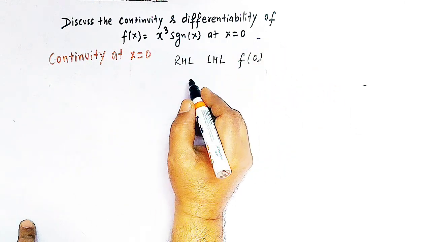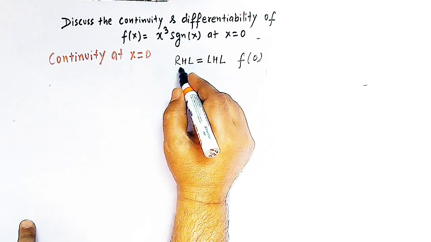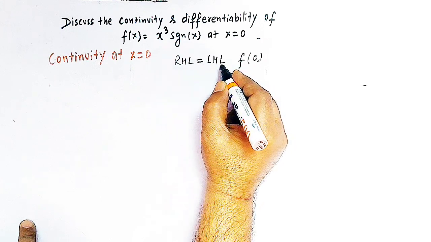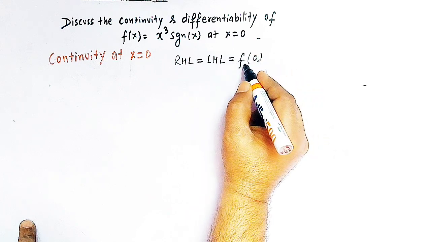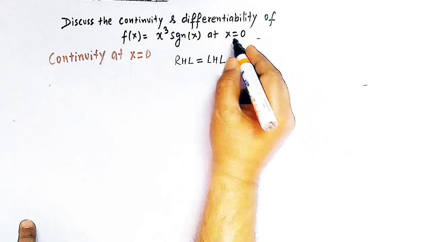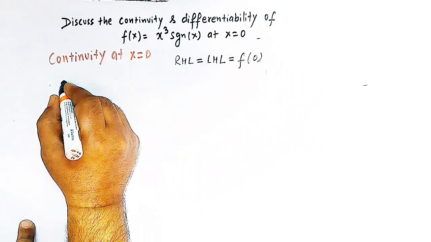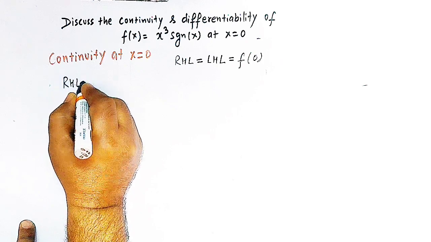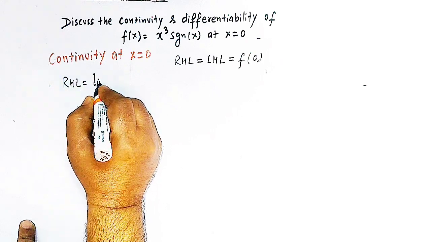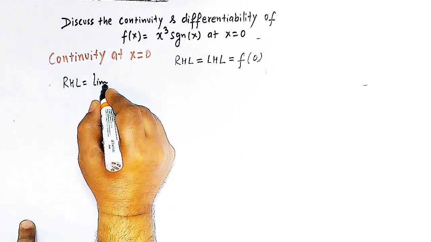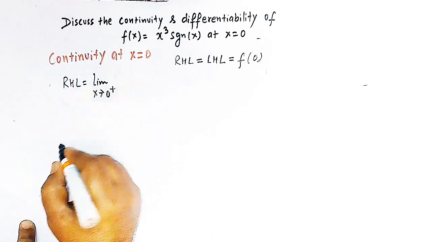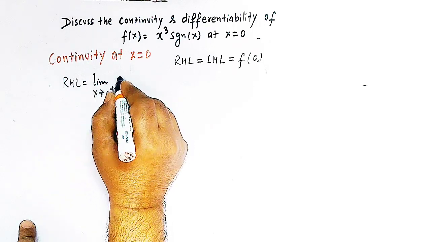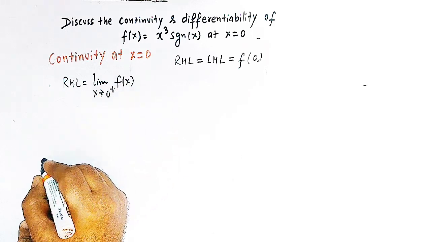And then we'll see whether the right hand limit is equal to the left hand limit, and both these limits are equal to the value of the function at this point. So let us first find the right hand limit. So the notation for the right hand limit is limit, and here we have x tends to 0. Here we put a positive sign, and here we have f of x, right?